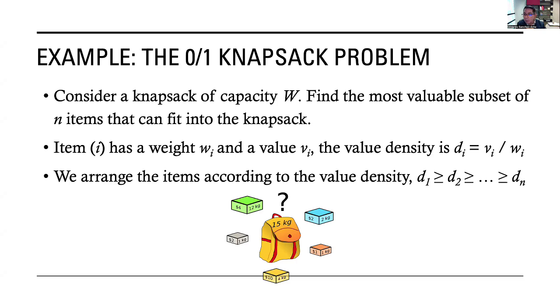And we will compute a ratio that is the value density, that is just the division between the value and the weight. All right. And then we are going to arrange the items according to the value density, from the one that has the highest value to the smallest value.